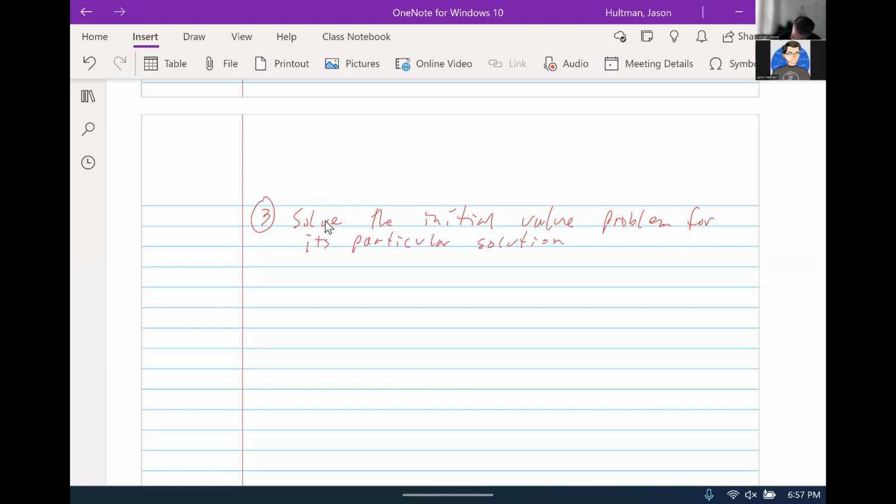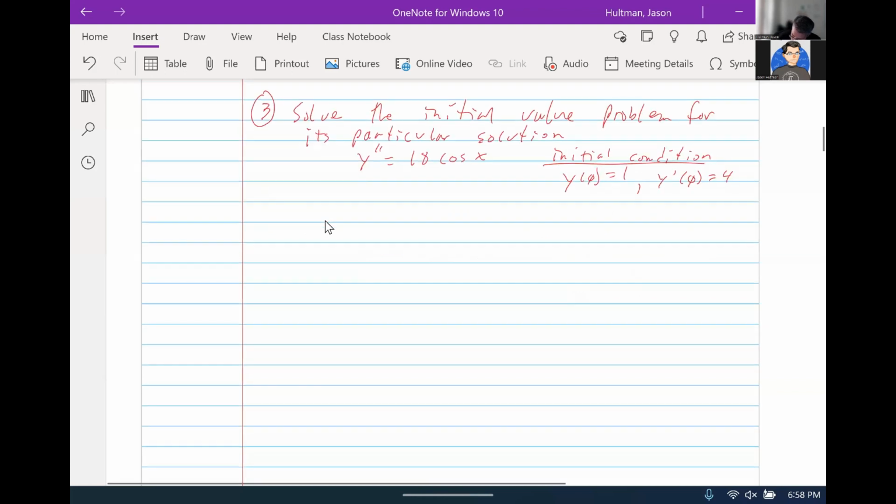We have y double prime is equal to 18 cosine x, and we have the initial conditions y of 0 equals 1, and y prime of 0 is equal to 4.